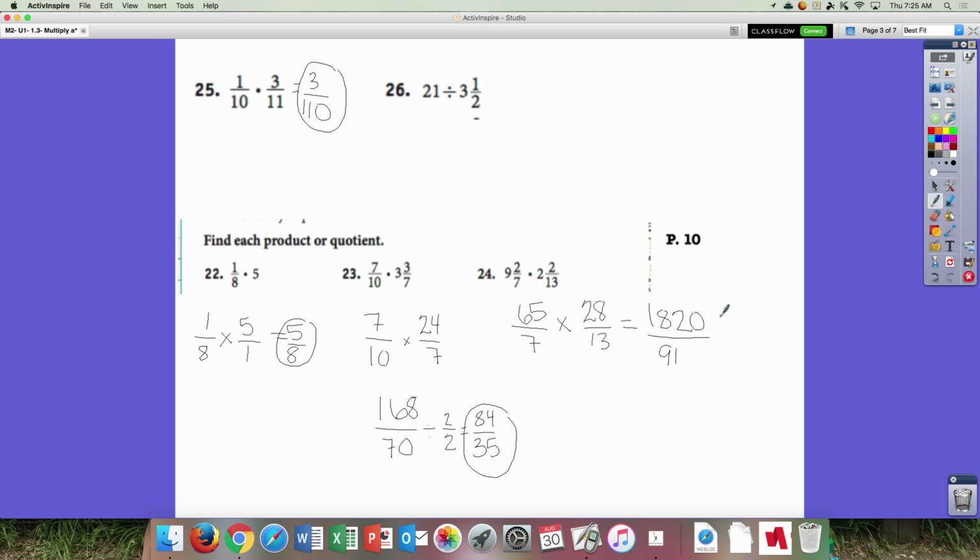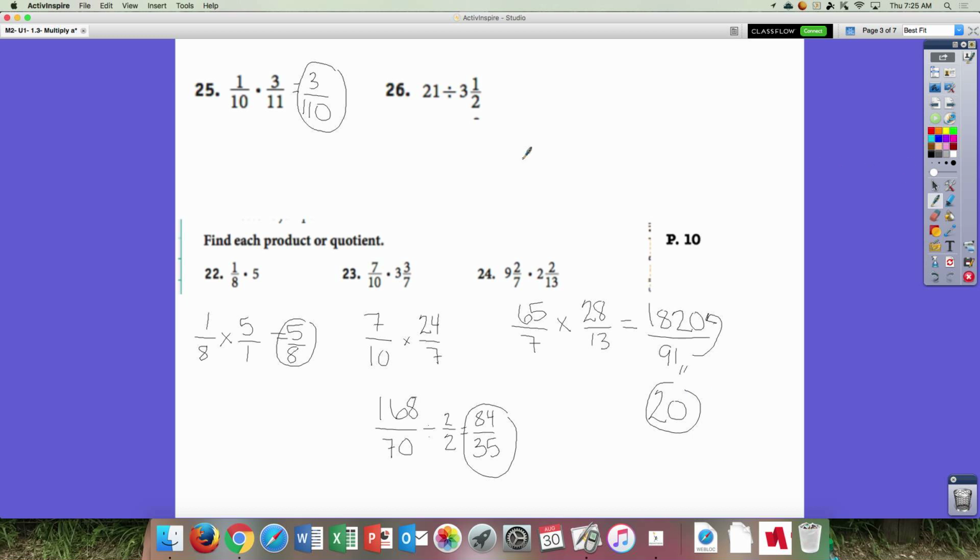I don't know off the top of my head. But let's do something different here. How many times does 91 go into 1,820? Well, if I divide that, I actually just get 20. So the answer to this problem is literally 20.